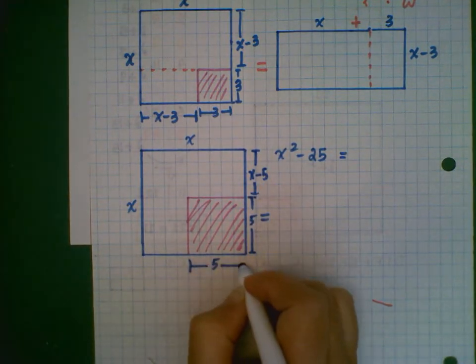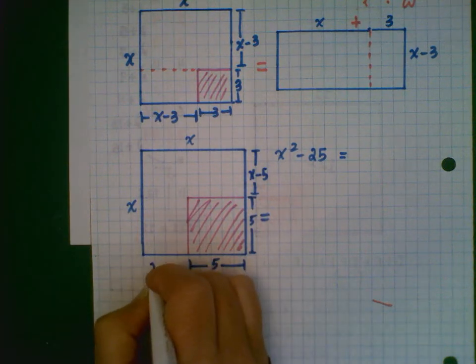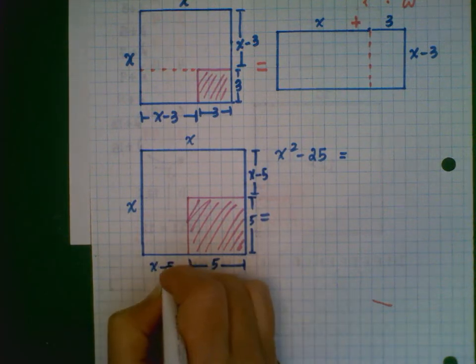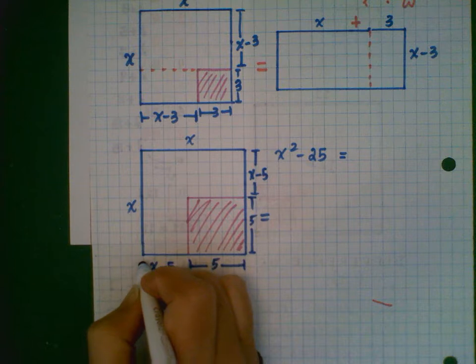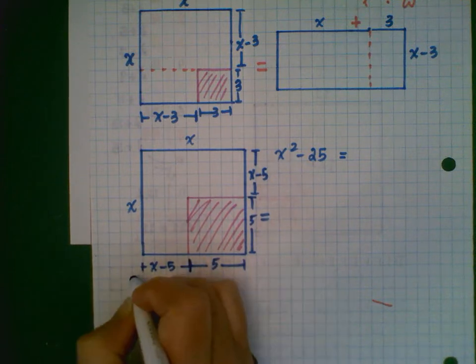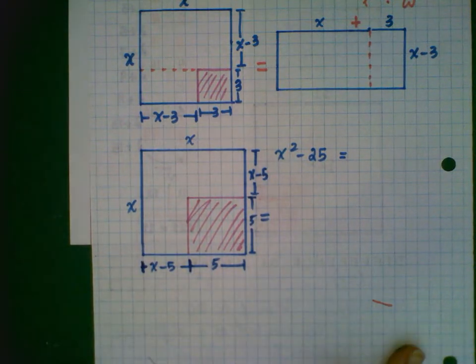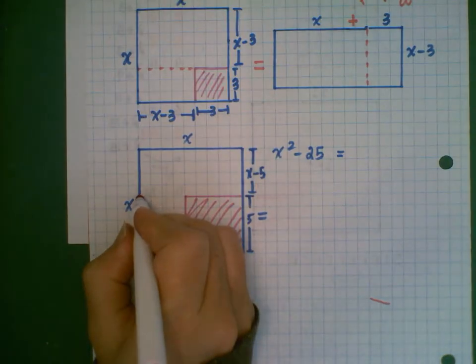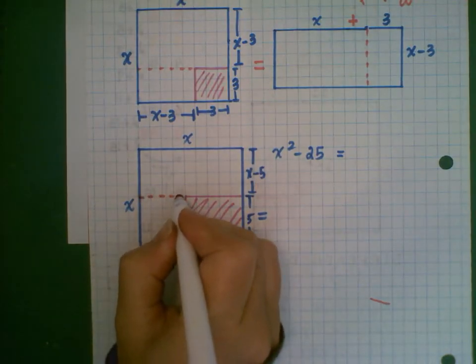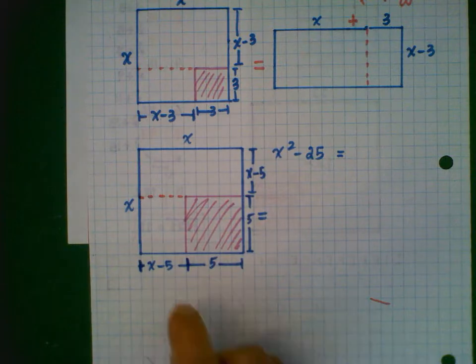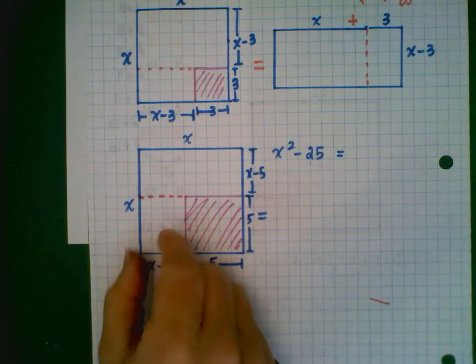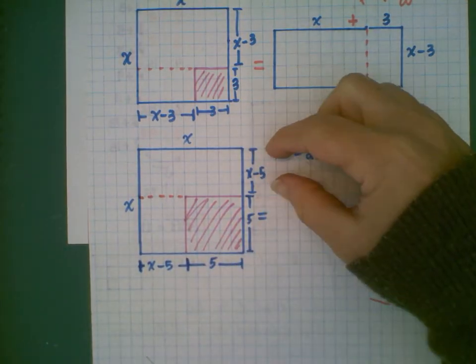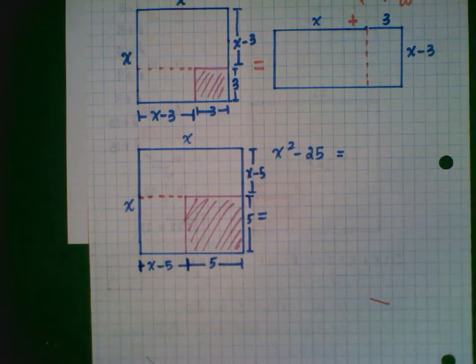We've got 5 here, and then this leftover piece is x minus 5. Again, slice off the bottom little flap there of this L, and we're going to migrate it up so that we're making a rectangle.